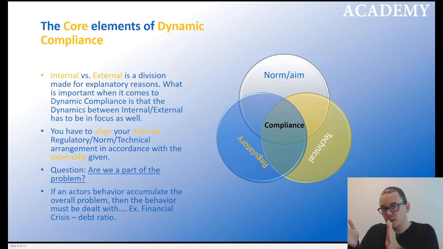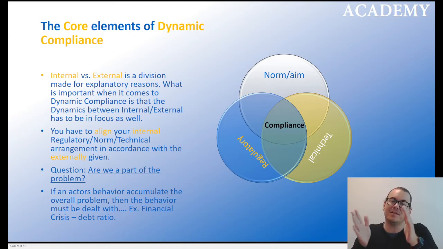Then you have to look at your policy, the internal, and you could try to ratify your own behavior. The problem becomes when the internally ratified behavior says, oh yeah, but our debt ratio might be smaller than the others, so it's fine. Well, if that has an effect on the external, then you're contributing to the problem instead of trying to limit the problem.